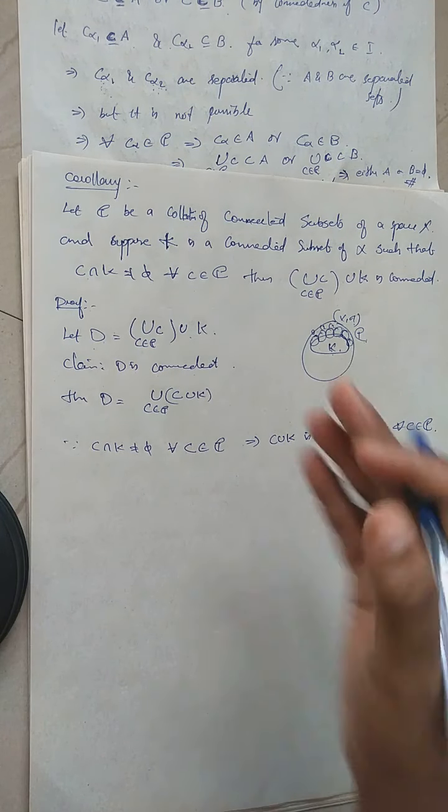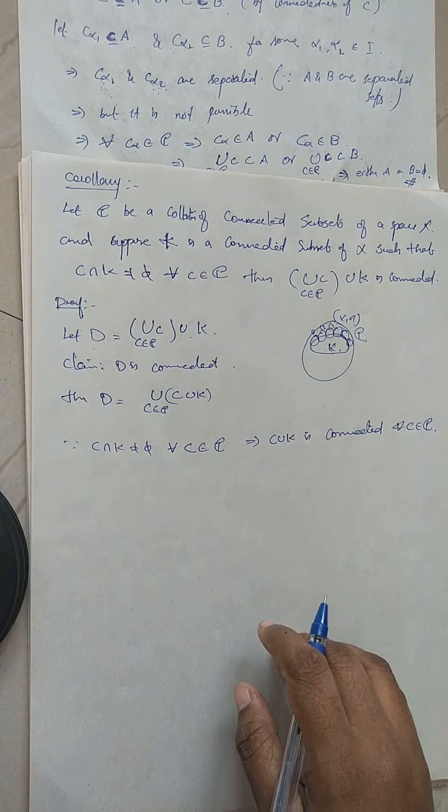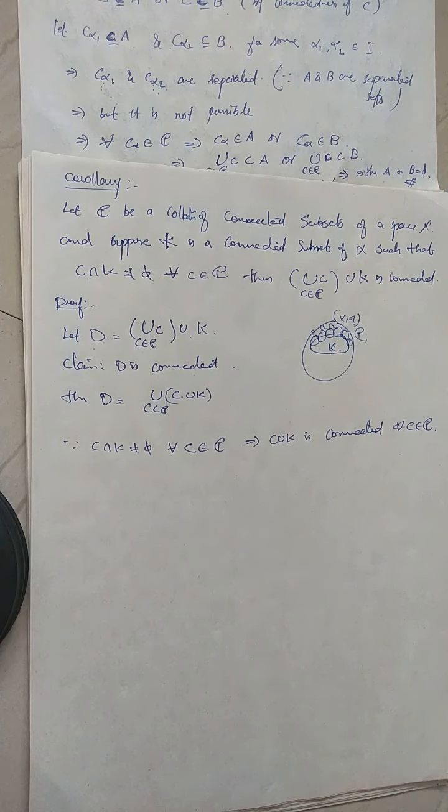And the previous theorem says that when you have a collection of connected sets such that no two members are mutually separated, then their union is connected.